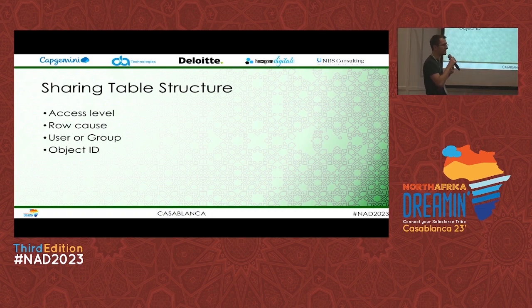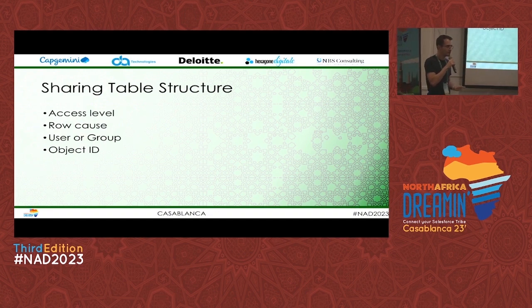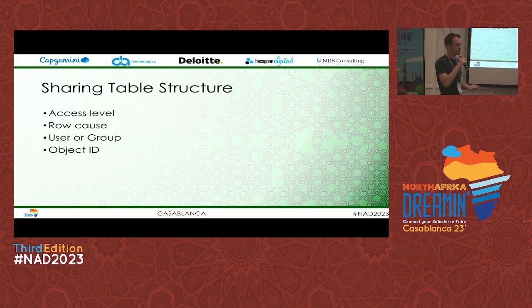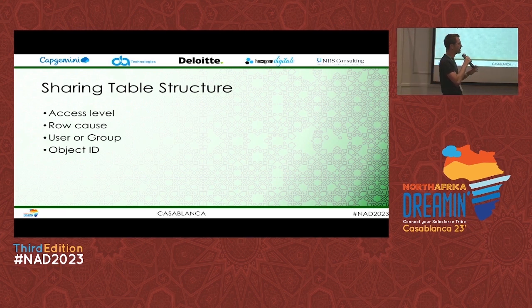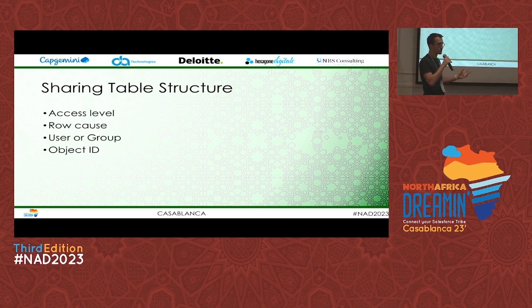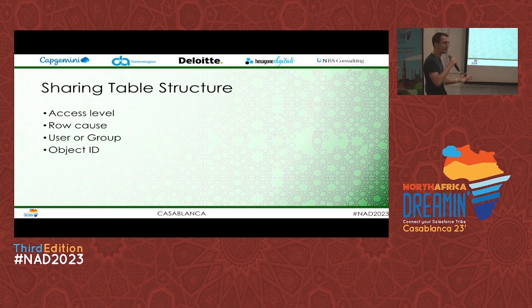The row cause can be standard, like manual, rules, that can be territory too, teams, etc. And something more custom, you can build with Apex sharing, we will show after, and you can build your own row cause to know who and at which part of the code gives this access.